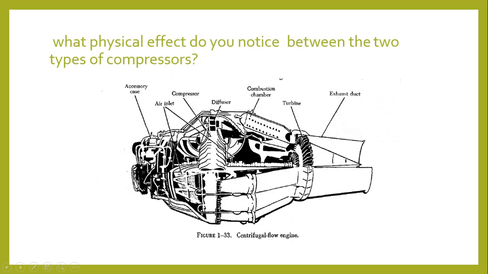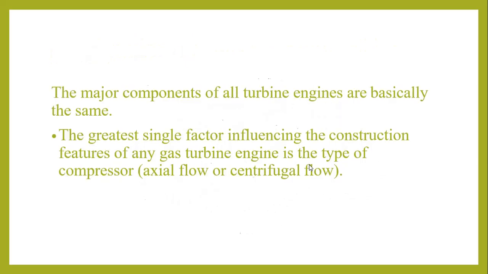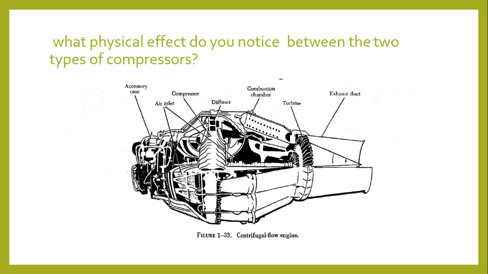Okay, we proceed. Now we see the centrifugal flow compressor engine. We are looking at the difference between the two types of compressors. We said that the main factor influencing the construction of a gas turbine is the type of compressor, whether axial or centrifugal. Here we have centrifugal flow.